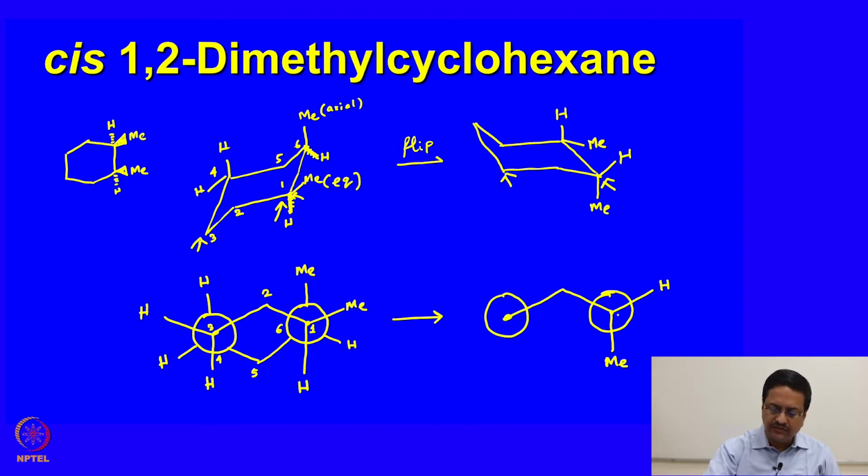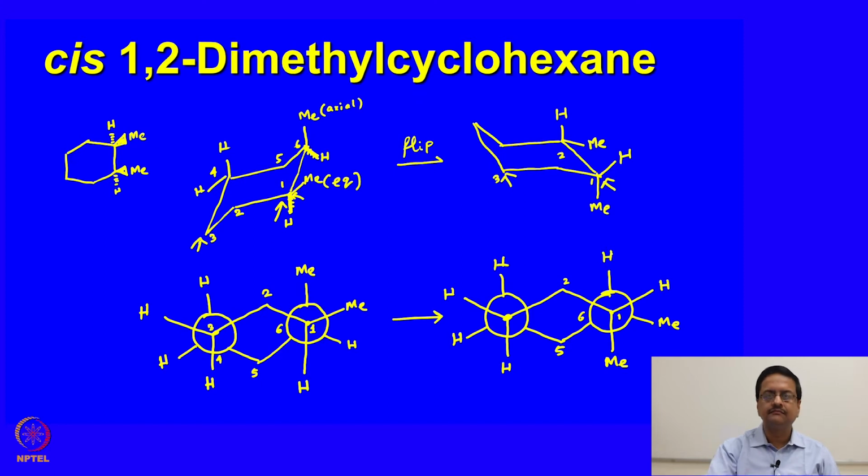So if this is 1 and that is 2, this is 3, it connects to 3, and 3 has 2 hydrogens, 1 axial and 1 equatorial, and then atom 4 will have hydrogens here, there, and it connects through carbon number 5 to the back carbon 6 like this, and the back carbon has methyl downwards and this hydrogen upwards.